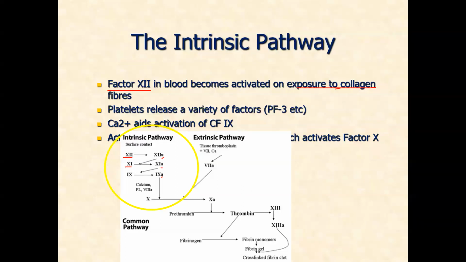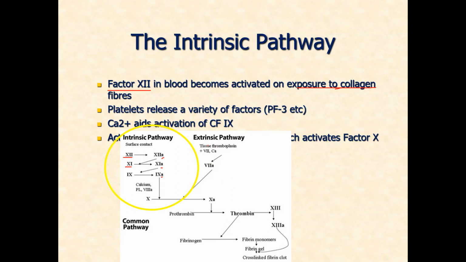Sir, I was going to ask, is it that once factor 12 is triggered by collagen, it's just like a chain reaction going down? It's a cascade reaction, which is basically a chain reaction. So once you turn one on, the rest of these are going to happen unless something blocks it. So you're 100% correct. Once 12 turns on, 12 turns on 11, 11 turns on 9, 9 turns on 10, and the common pathway starts.